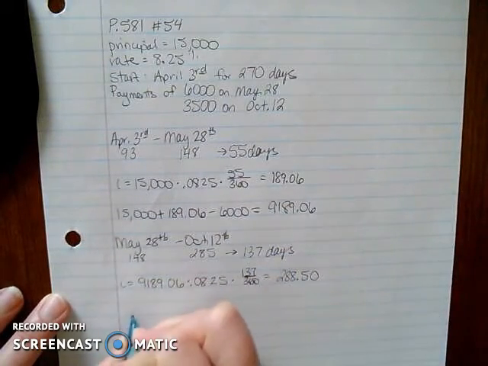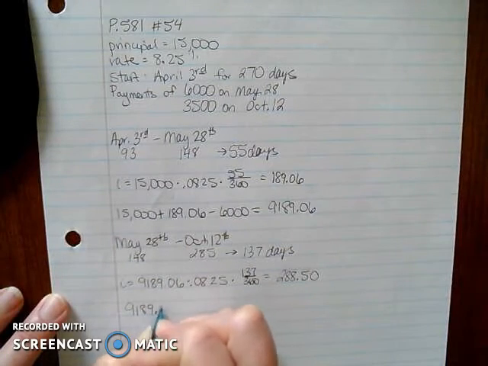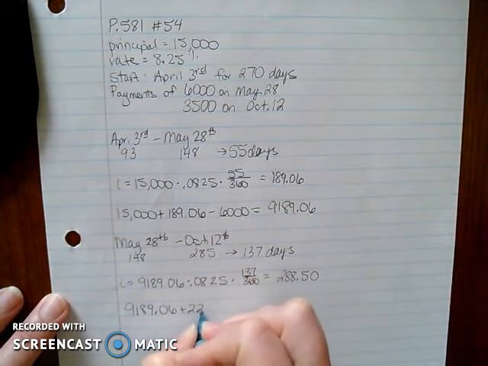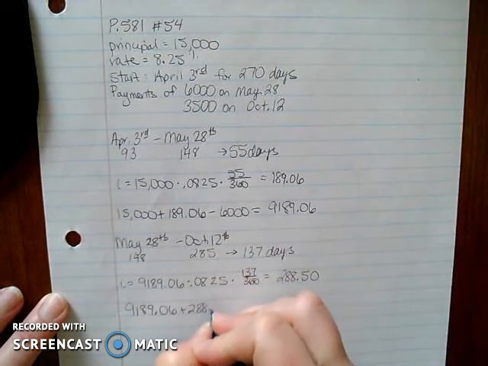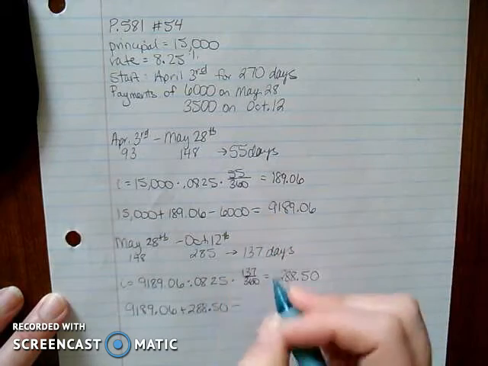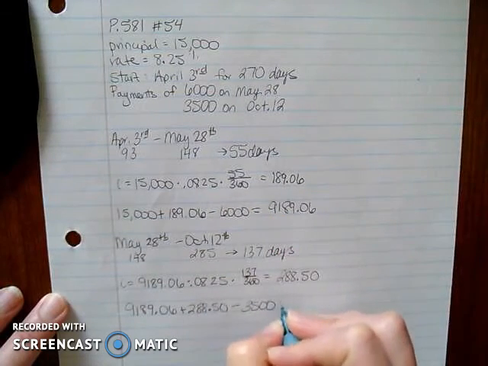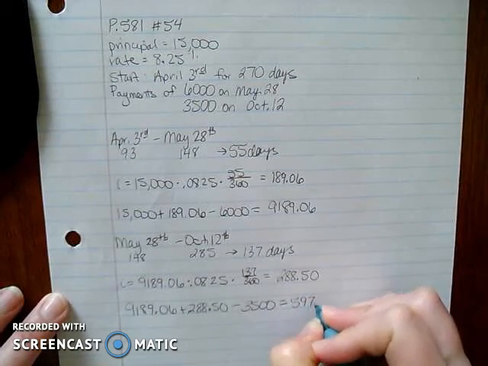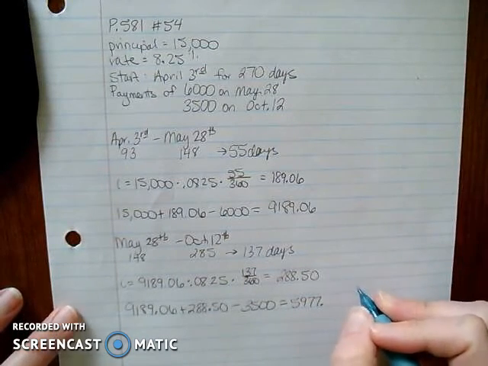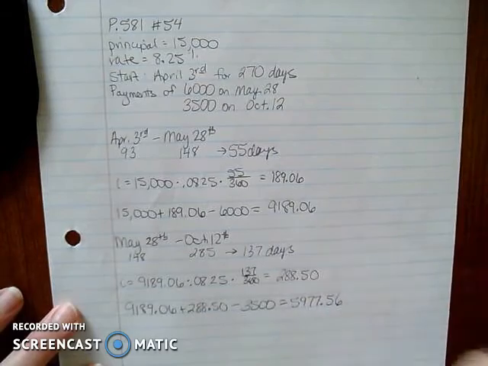So again, we're going to start with 9189.06 plus 288.50 minus 3,500 that we already paid, 5,977.56.